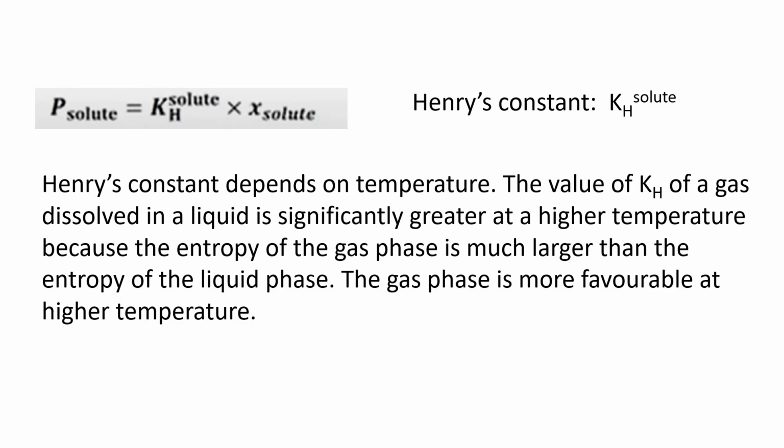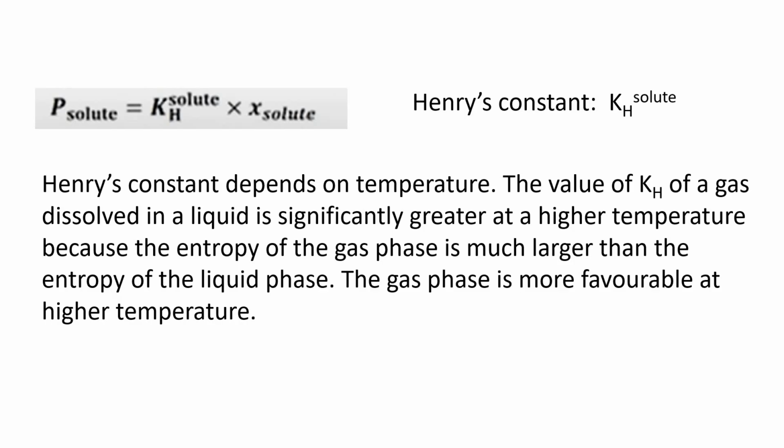Then another discussion, depending on the temperature. Henry's constant depends on the temperature. The value of Henry's constant of a gas dissolved in liquid is significantly greater at higher temperature, because at higher temperature the gas or vapor phase is favorable. Why is the vapor phase favorable?